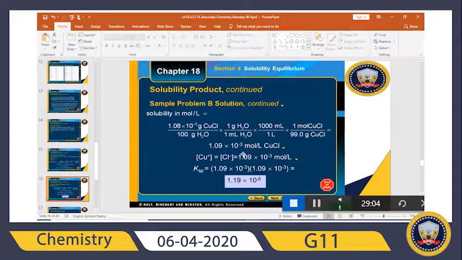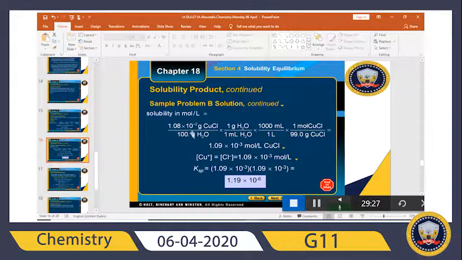The concentration of copper ion equals the concentration of chloride ion equals this value. So you multiply these values 2 times to find the Ksp. This is very easy and direct. The main issue here is how to change a gram per 100 gram of water to mole per liter. This is the main issue in these parts.